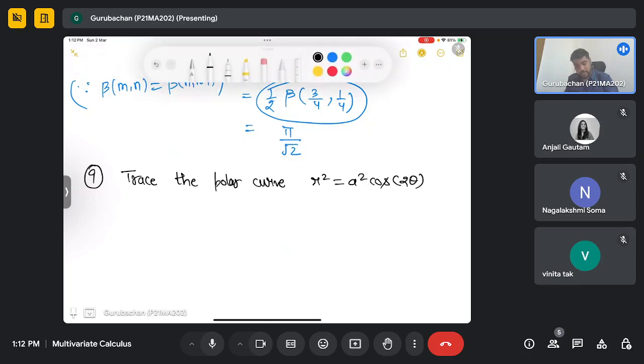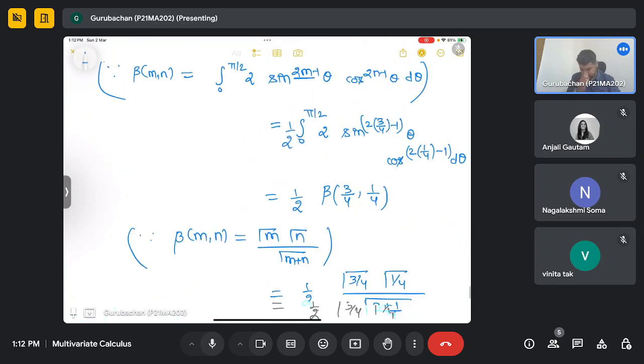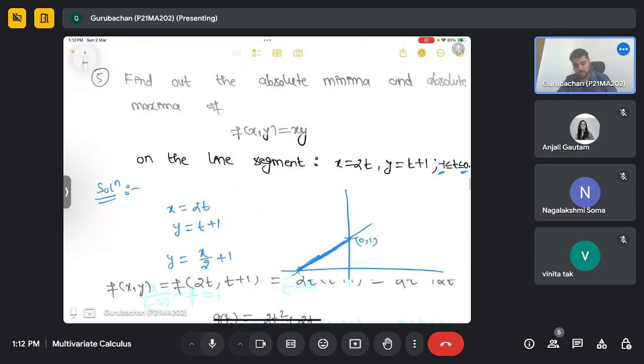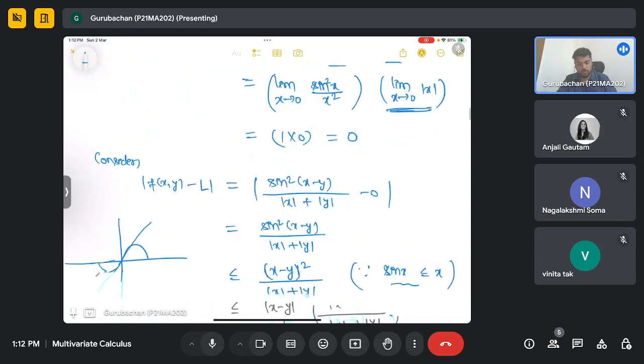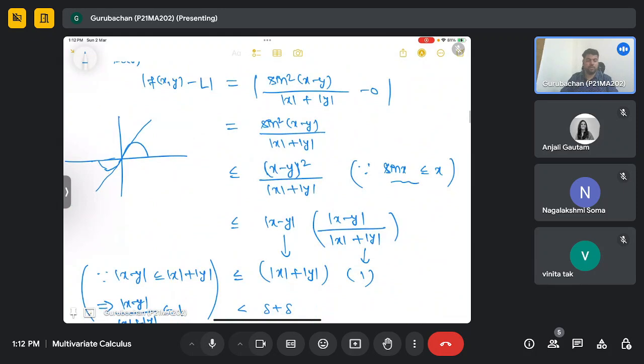So before doing that, we have discussed one thing here, that we wrote mod of sin x is less than or equal to mod x. I want to emphasize here that clearly x is greater than sin x for the x positive region.